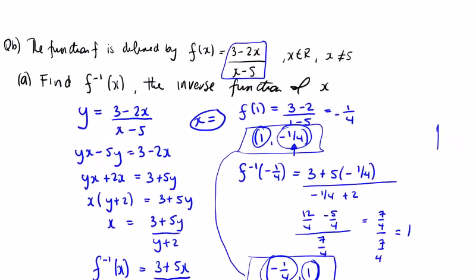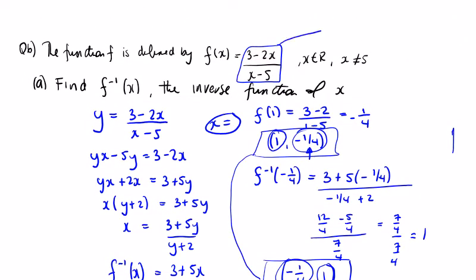So I just put f of 4 in here. f of 4 is equal to 3 minus 2 by 4 over 4 minus 5, which is equal to 3 minus 8 over minus 1, so we're going to get minus 5 over minus 1, which is equal to 5.